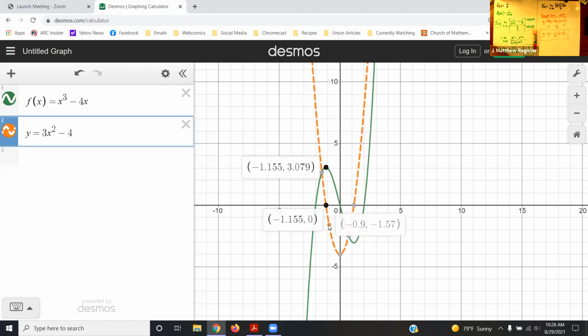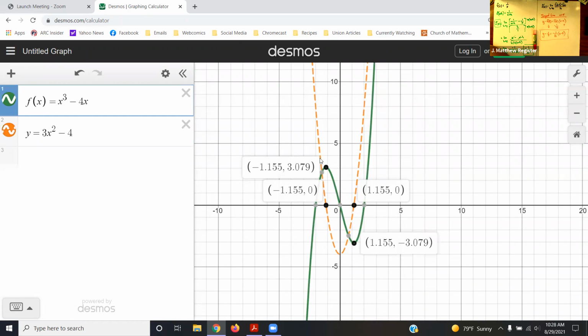Continuing, as we go down this curve, now notice our derivative is negative. And it's negative all of the way from here to here. Well, looking at our green function, it is decreasing on that interval. And it decreases all of the way from negative 1.155 to 1.155. That's where the values of our orange one are negative.